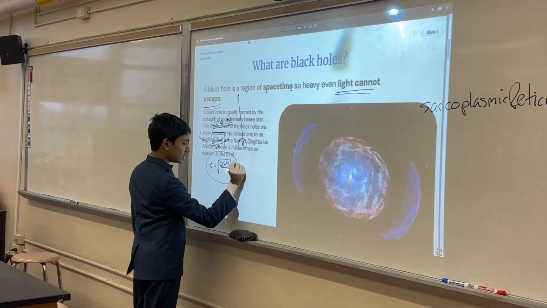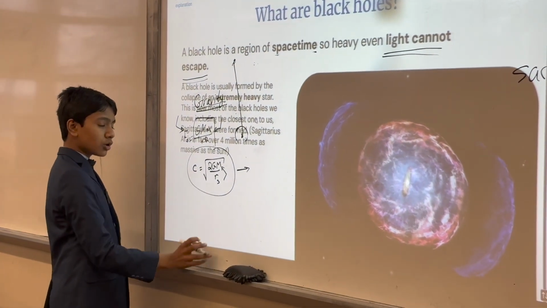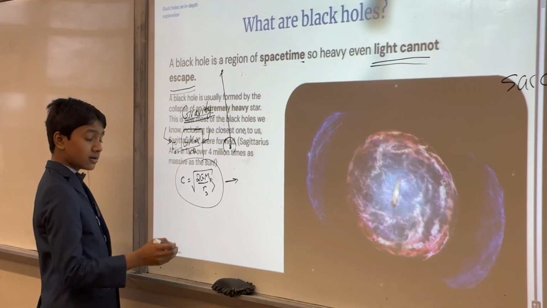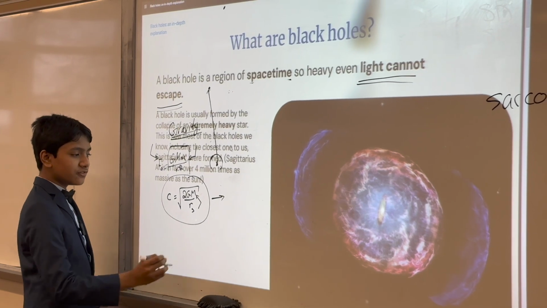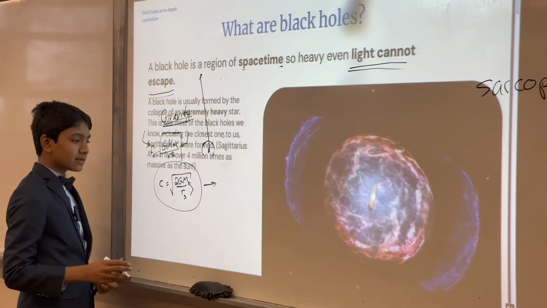So that means that you can call this the Schwarzschild radius, as Karl Schwarzschild is actually the name of the person who first solved the Einstein field equations of relativity in order to produce the hypothetical black hole.